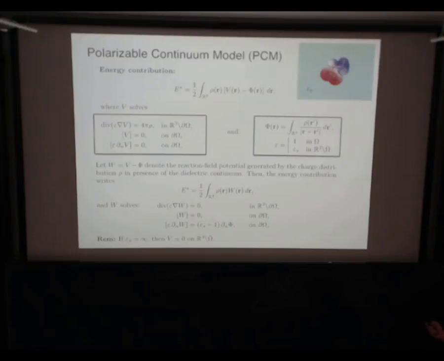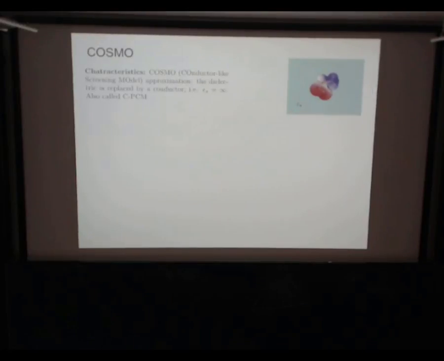So in the extreme case, when epsilon s is infinity, this medium acts as a perfect conductor, and in a perfect conductor there is no electric field, so you can put the potential V equal to 0, and you don't actually have to solve on the outside. And this is exactly the so-called COSMO model.